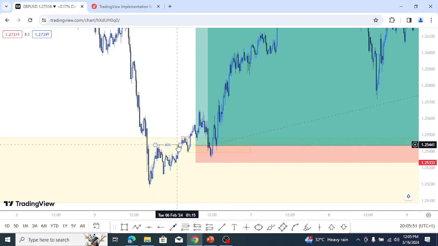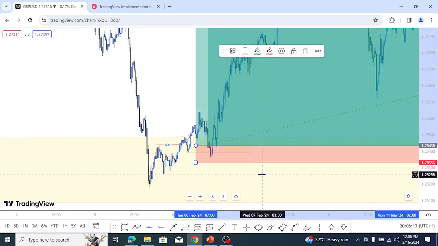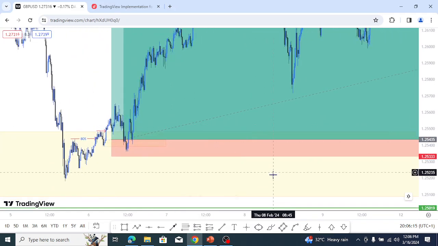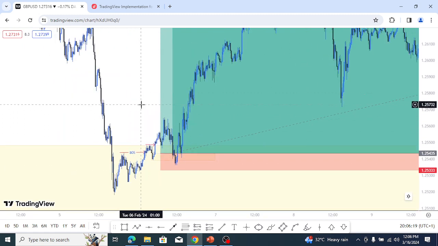When the market went up, it broke the structure with an impulse, successfully broke the structure, and this was our entry. Your entry will be here. Then give room for your stop loss, because you don't know what will happen. The stop loss of this was around 8 pips or 10 pips.